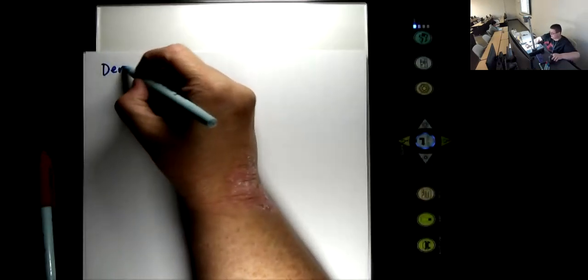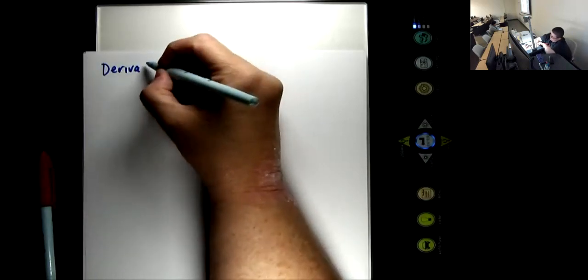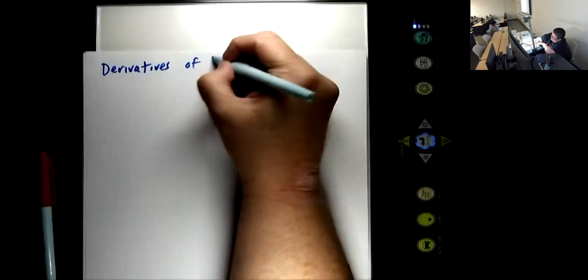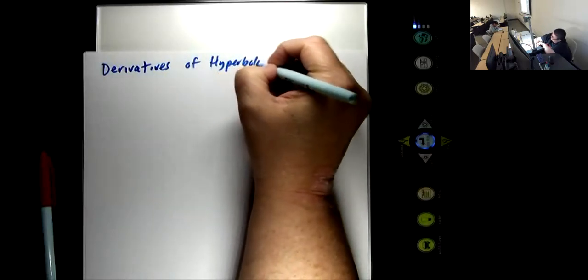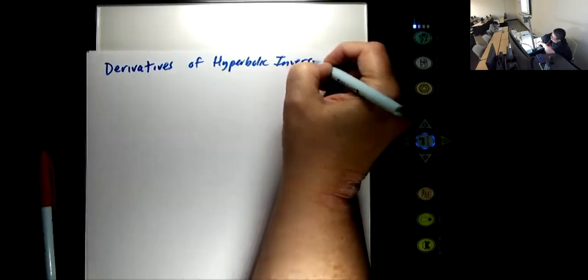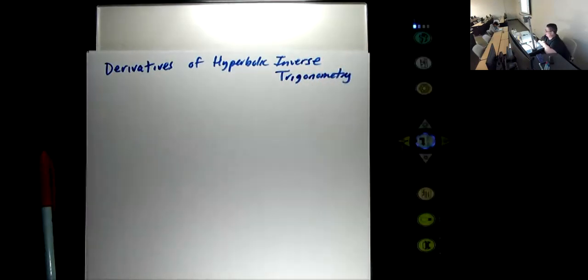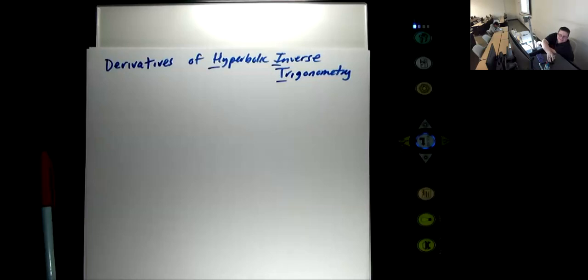Derivative functions. Derivatives of hyperbolic inverse trig. It's a mouthful, isn't it? Especially if I say hyperbolic inverse trigonometry, let's go the full name. Derivatives of the hits. There we go. The hits. HIT. I'm liking that. All right.